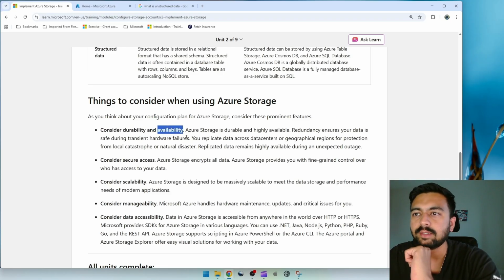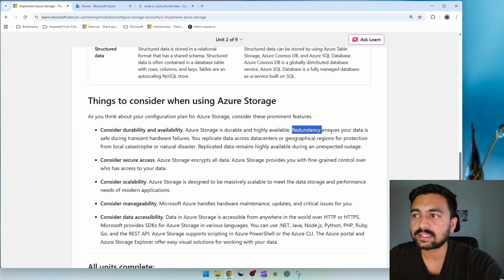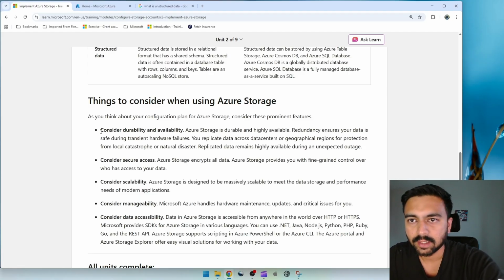Consider durability and availability. Azure storage is durable and highly available. What does it mean? Redundancy ensures your data is safe during hardware failures. You can replicate your data in different locations, and due to that, it's always highly available. Durability means redundancy. I'm sorry, I'm learning this as I go.